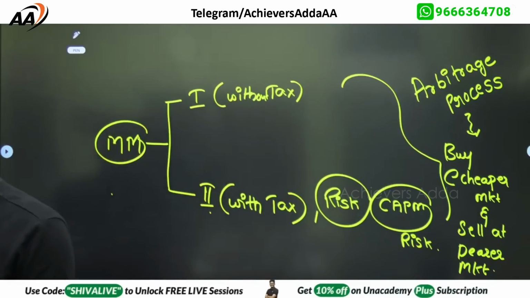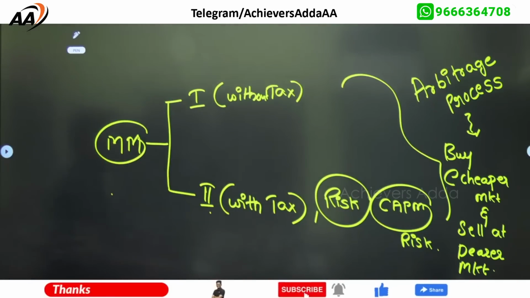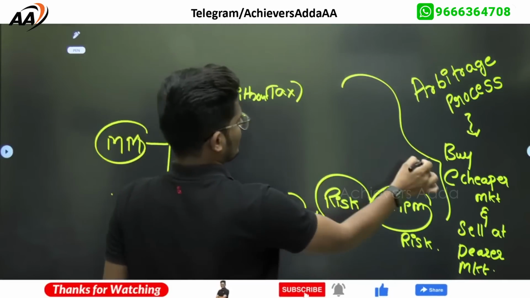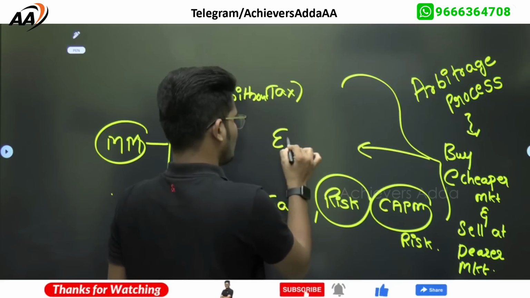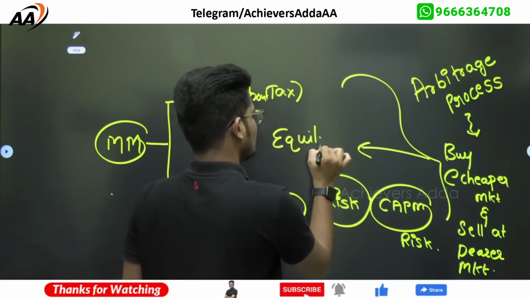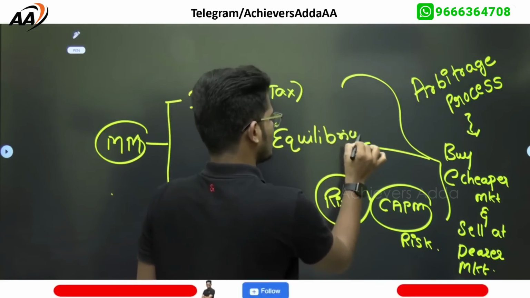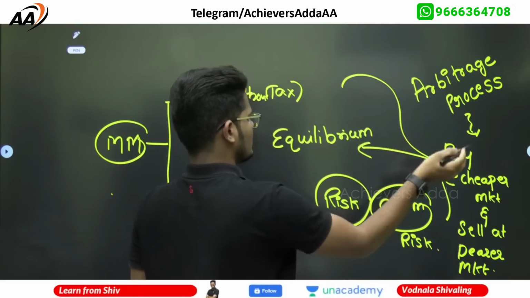That is how it will work. Buy and sell continuously, and somewhere an equilibrium point will be achieved where the prices of both the firms become equal.